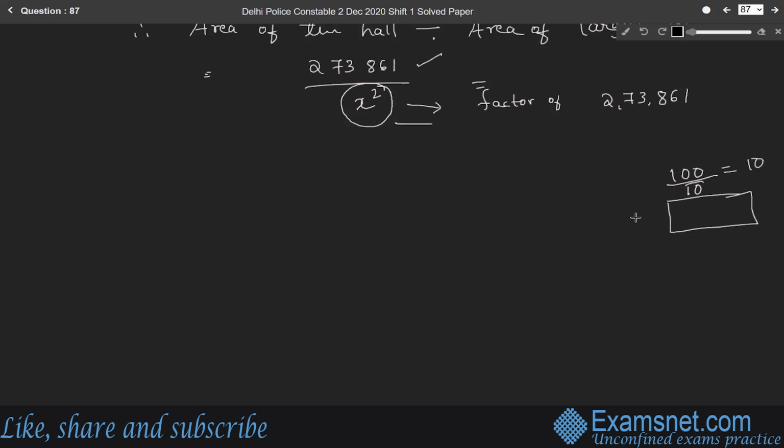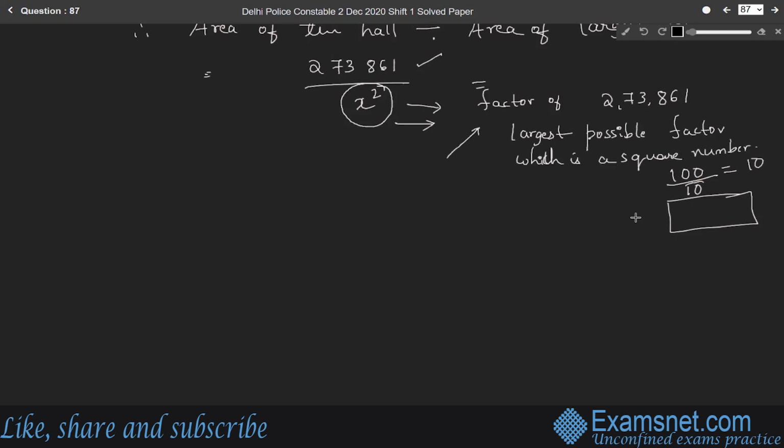So then x square will be the factor of 2,73,861, and this factor is the largest possible factor, which is a square number, right?